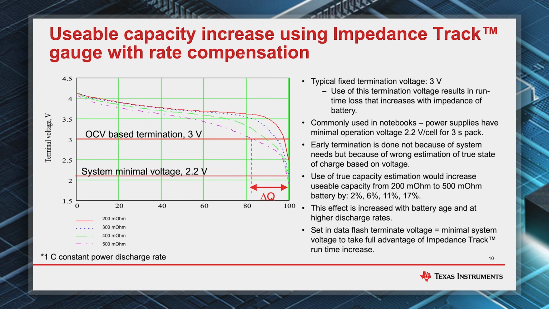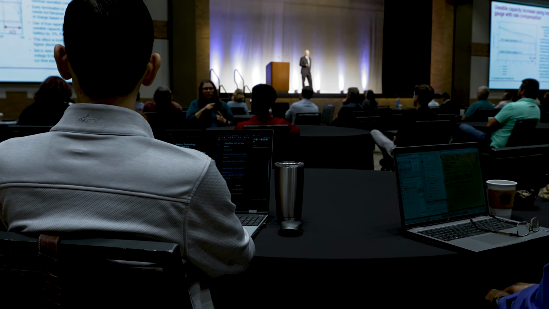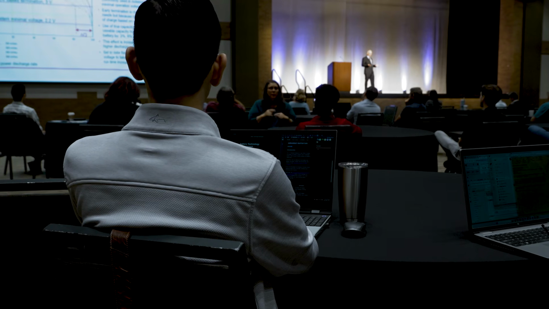But in this example, your system actually can go to 2 volt. The minimum shutdown voltage of the system is actually 2 volt in this case because you designed your system well, or this is a multi-cell pack, for example. So your electronics is actually capable of going to 2 volt. So you have absolutely no reason to terminate at 3 volt, but the only reason you're doing that is because you don't have battery modeling and you are assuming that you have to do it.